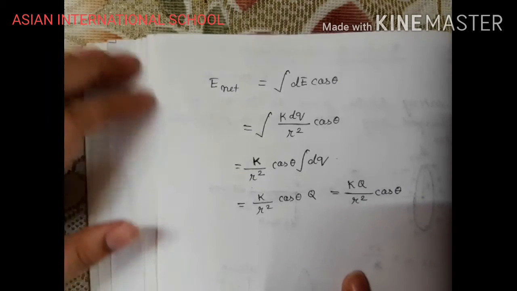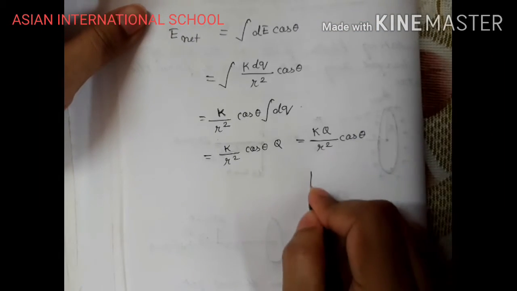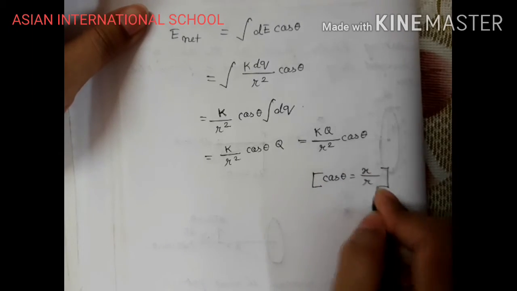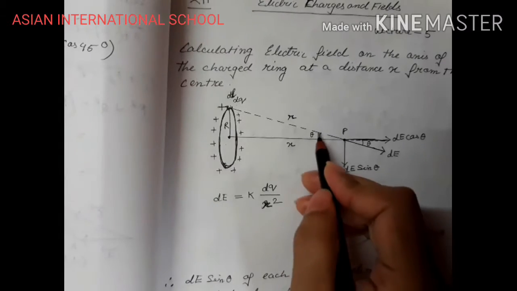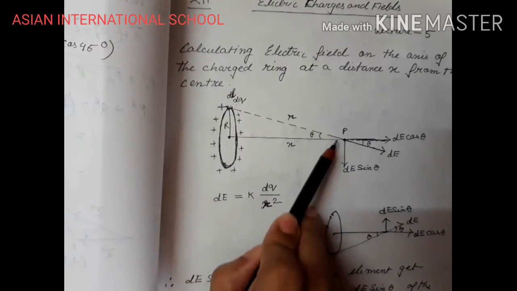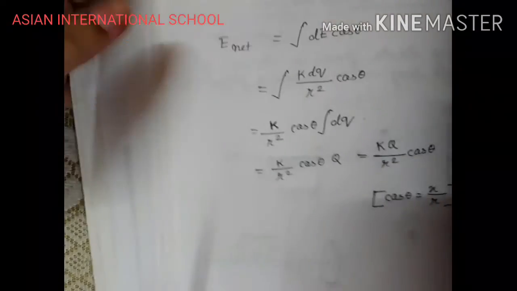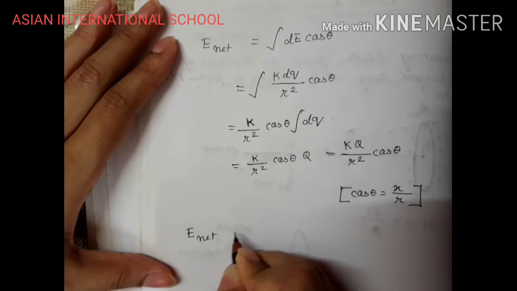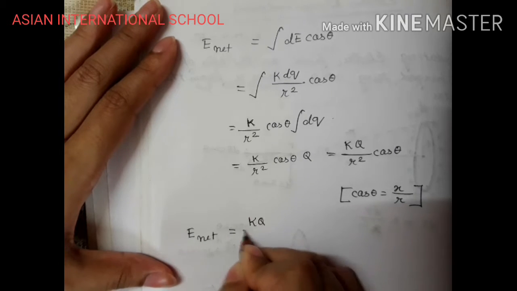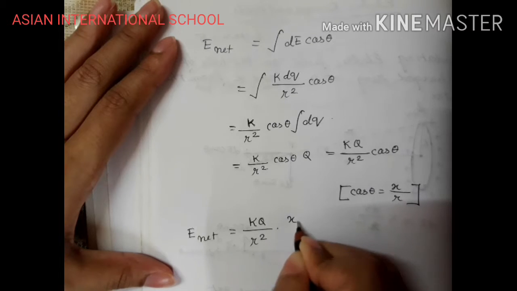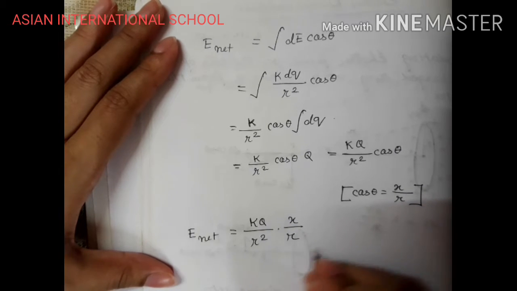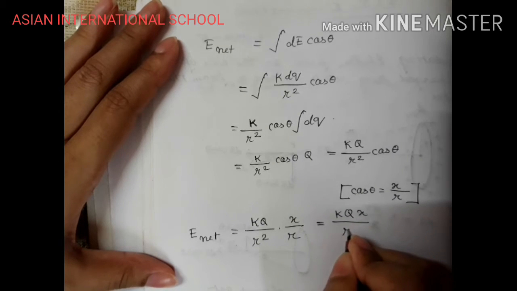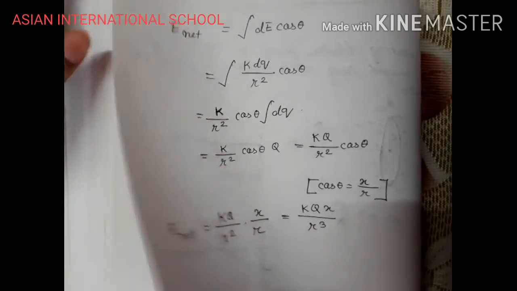Now from the diagram, cos theta is equal to x by r. So I can put E net equals k q by r square, and in place of cos theta, x by r. So what am I getting? K q x by r cube. Now what is the value of r?